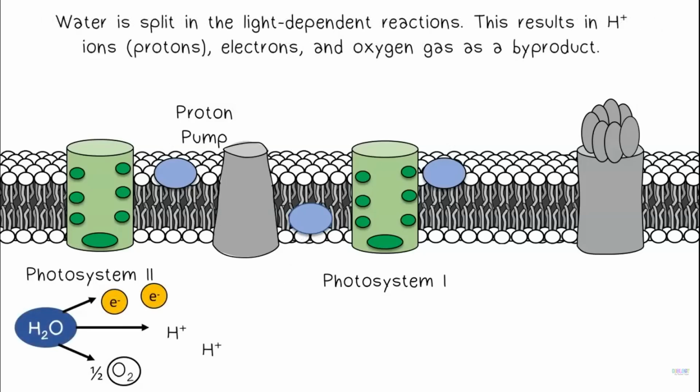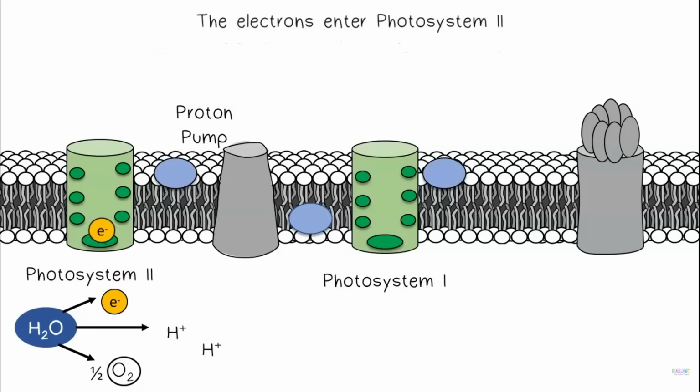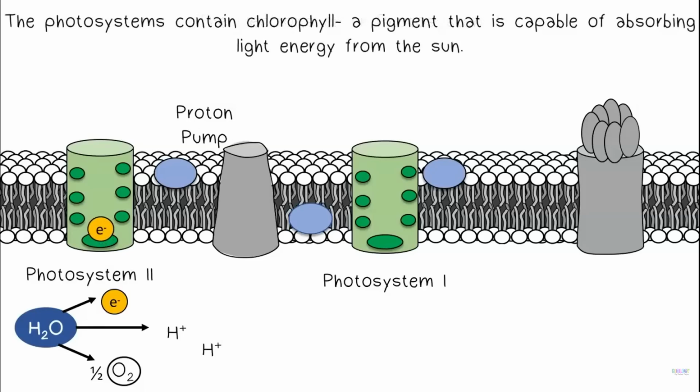Water is split in the light-dependent reactions. This results in H plus ions, or protons, electrons, and oxygen gas as a byproduct. The electrons enter photosystem 2. The photosystems contain chlorophyll, a pigment that is capable of absorbing light energy from the sun.